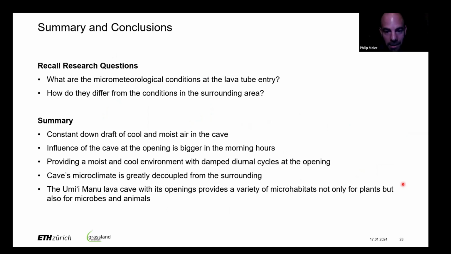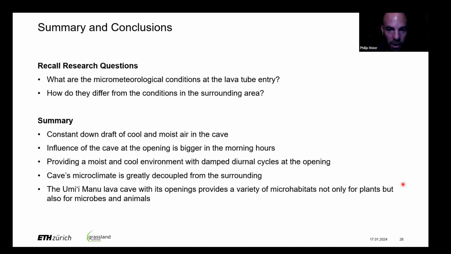So this is already all the data that I have. Of course, I'm sure that there could be more analysis done on that, but so far, let's recall the research questions about the conditions in the lava tube entry and the difference from the surrounding area.